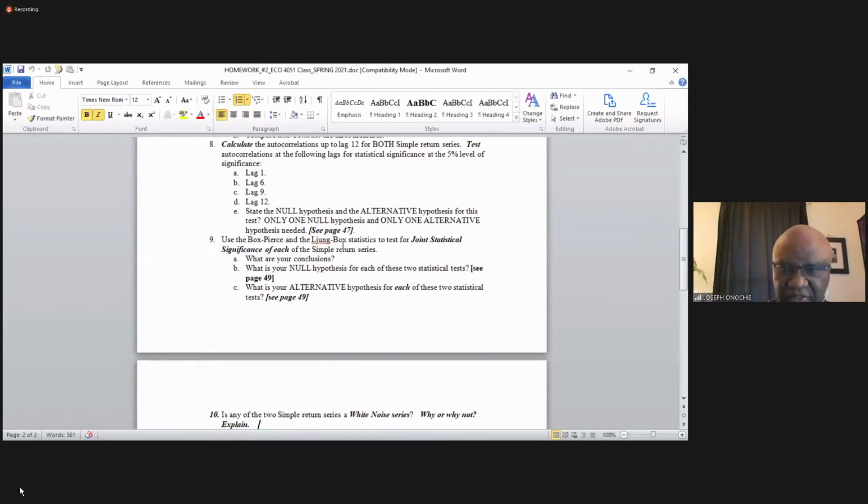It's on Blackboard. So look at the calculations, and if you use R, the R command is on page 47. You don't need to do the calculation yourself. R will do it, and then you can interpret it. And then number 10 says, based on your number 9 and your number 8, are these white noise series? You can figure that out. We discussed that in class.